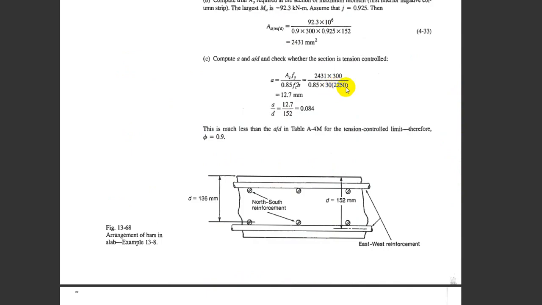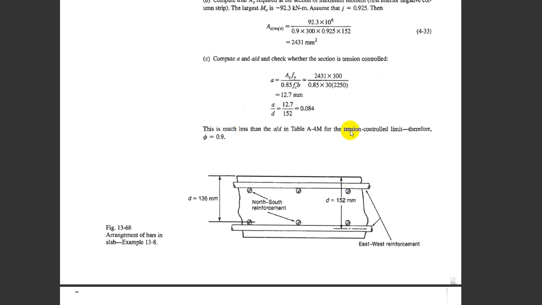So we have a b over here, and a was 12.7 millimeter, and we use phi 0.9 when it is in the tension controlled limit. So you have to review this from RC1. When we are in the tension controlled limit, we can use 0.9 for the phi factor, and I'll give you one hint.